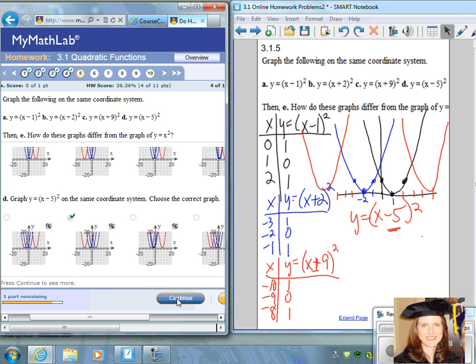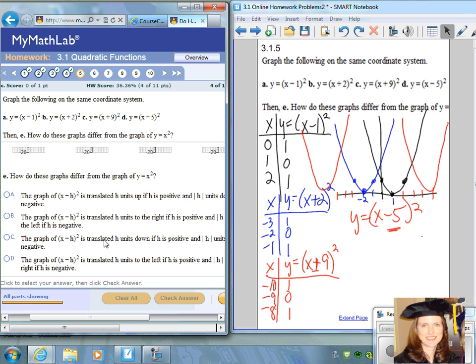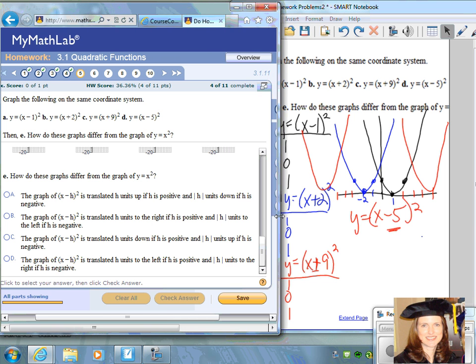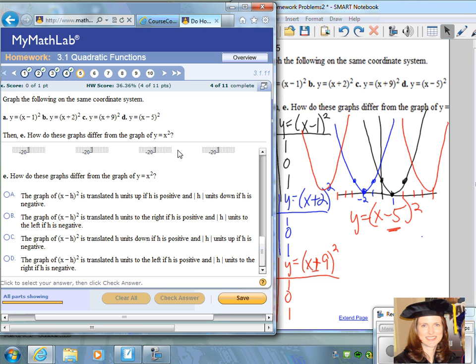And then finally, the last part of this is to interpret this. We say that this minus h, whenever it was a minus h, it shifted to the right h units. Okay, let's double check here.